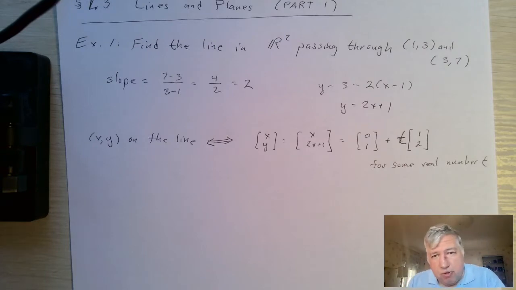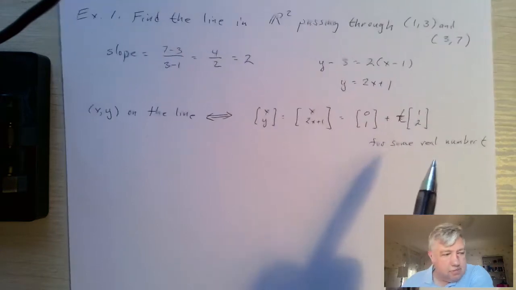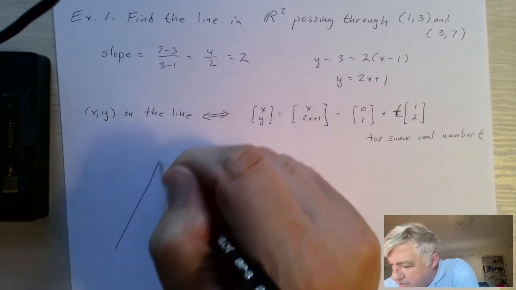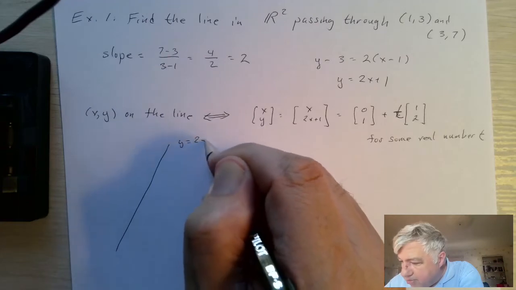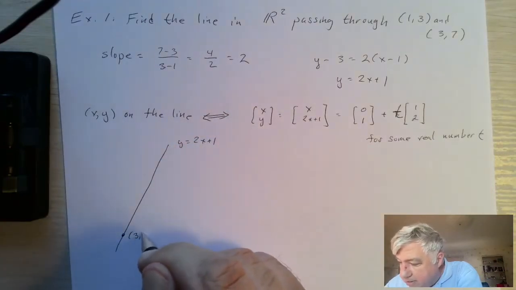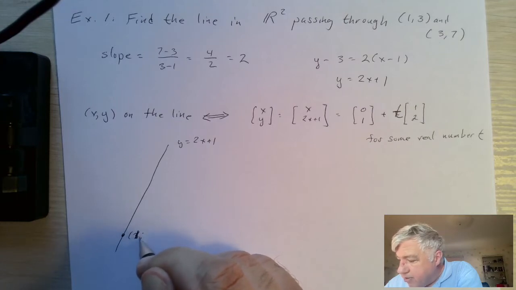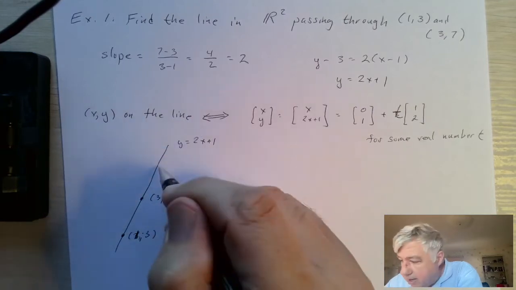Okay, now we've represented this line by a vector equation. Now I want to show you there's nothing unique about either one of these two vectors. If we go back and look at this line, this is the graph of y equals 2x plus 1. So here's (1, 3), here's (3, 7), and here's (x, y).